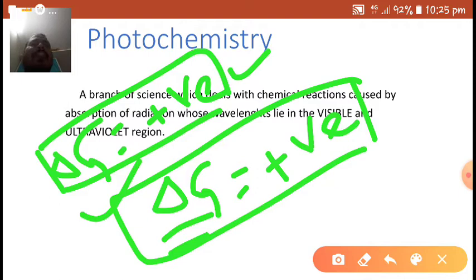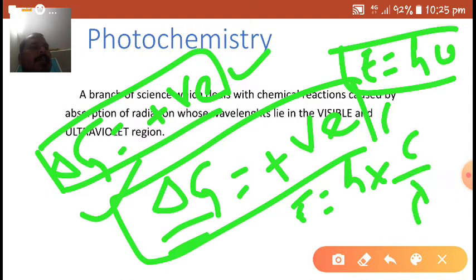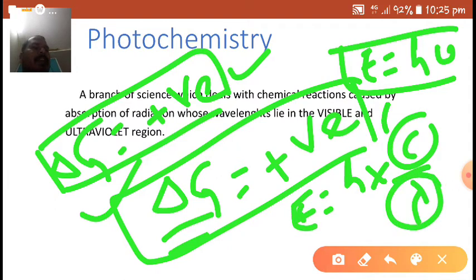A quantum of energy which is absorbed is called a photon, and its value depends upon the frequency of radiation according to the equation: quantum energy E is equal to h nu. Here h is Planck constant, so it is a constant. Nu is equal to c by lambda, where c is the velocity of light, so the energy depends upon the frequency or wavelength of the light which it absorbs.